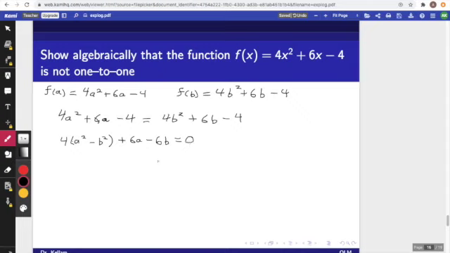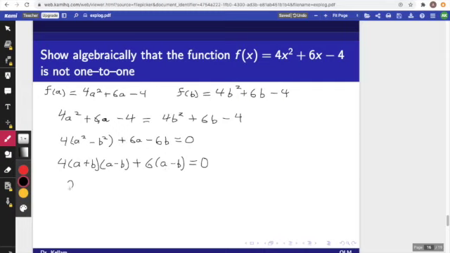Now, this part is a difference of squares. So we can write 4(a plus b)(a minus b), and from this part I can factor out the 6, so plus 6(a minus b). Well, we now have the a minus b's in common, and we also have a 2 in common.